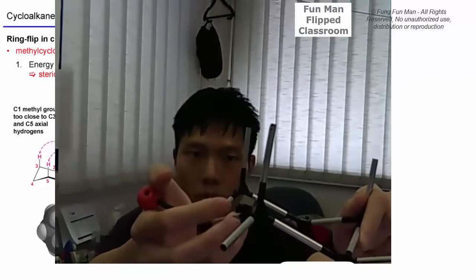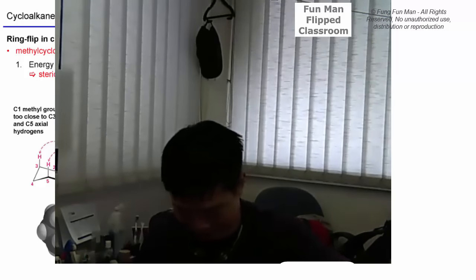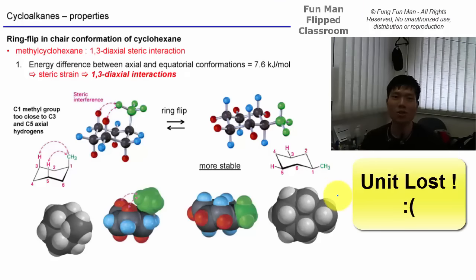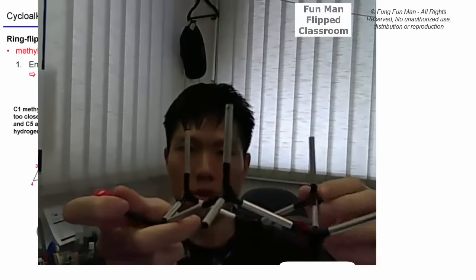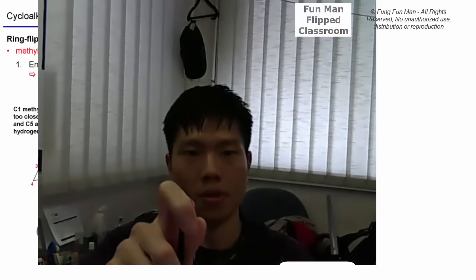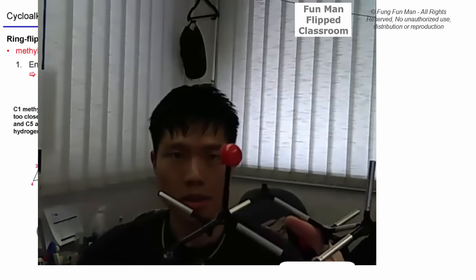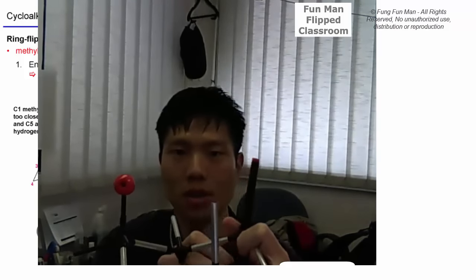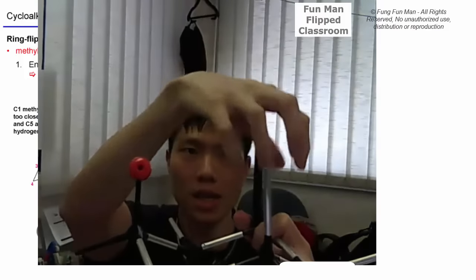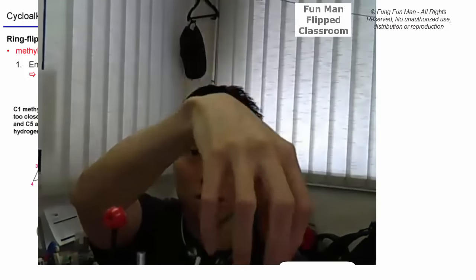But if I do a ring flip, take note. So I flip. It will interact with the 2 axial positions. I don't have this axial here, but what I mean is, your axial positions from the 3 positions relative to this carbon here will be interacting much more than just now, because over here there's just space, but now you see it's interacting.